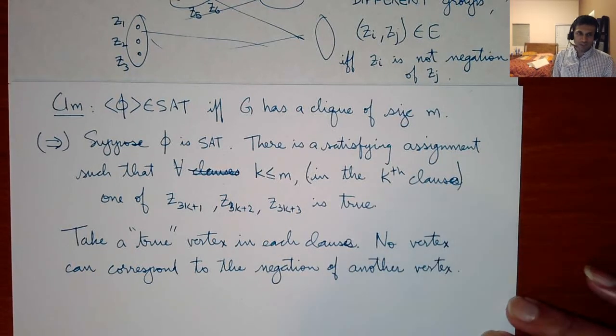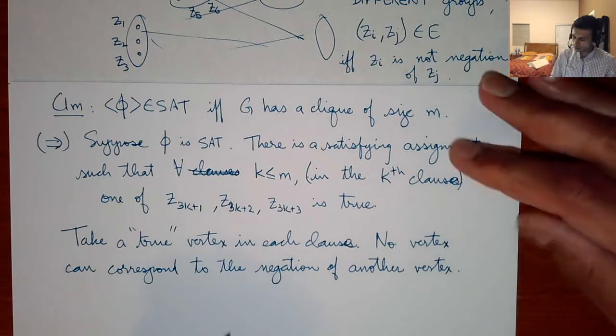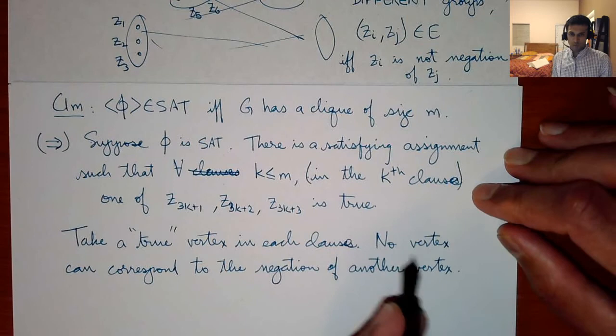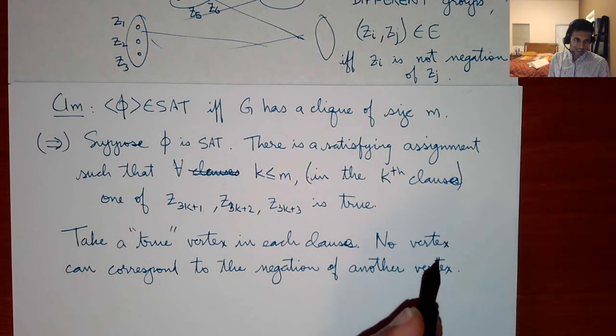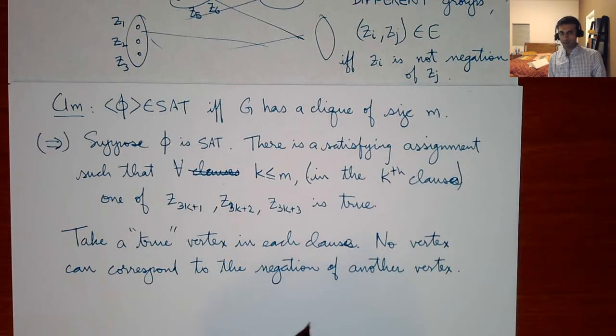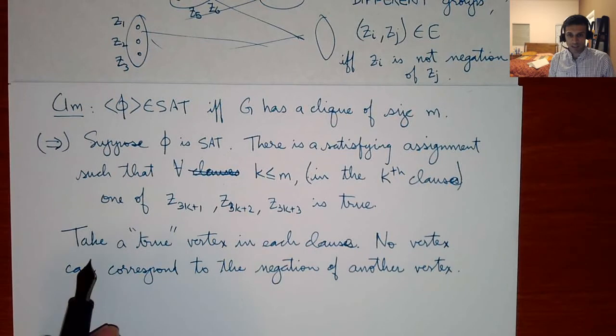I'm somewhat abusing notation here: by vertex, I mean you can think of the vertices as corresponding to literals. So the literal corresponding to a vertex cannot be the negation of the literal corresponding to another vertex. And that's because it's a satisfying assignment.